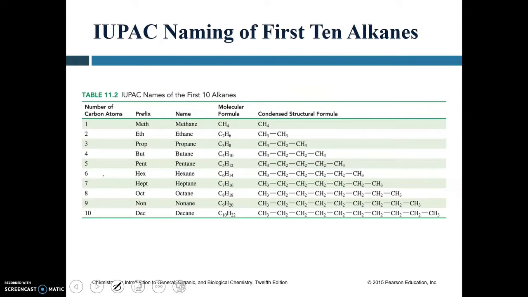So the first four are kind of weird: methane, ethane, propane, and butane. But then you have pent, which is 5, pentane; hex, which is 6, hexane; hept, which is 7, heptane; oct, 8, non, 9, and dec, 10.